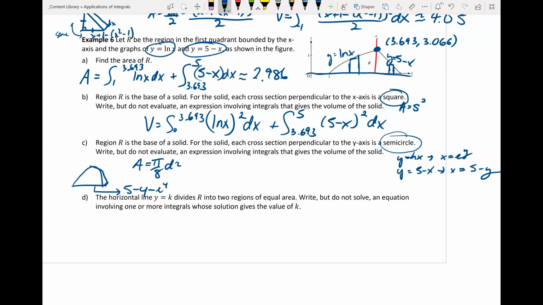That is our diameter. So the volume is going to be pi over 8. Our bounds are going to be from our smallest y value to the highest y value, which is 0 to 3.066. The area, and I can replace d with the diameter I found, which is 5 minus y minus e to the y, multiplied by dy for the width, and then that's it.